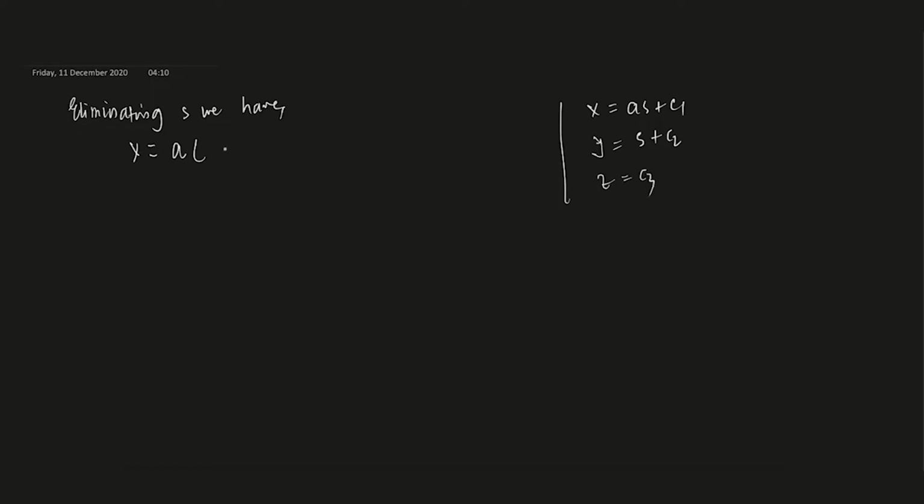So what is x? x is y minus c2 plus c1. Now if you write it properly, it gives x minus ay equals some constant, let's say c4. c4 obviously depends on a, but a is also a constant, so it does not really matter. So eliminating s, we get x minus ay equals c4.